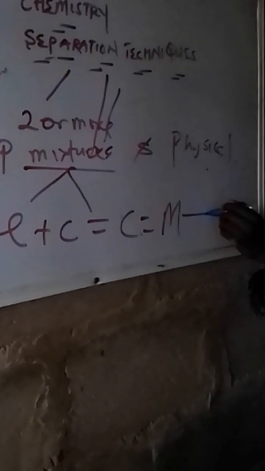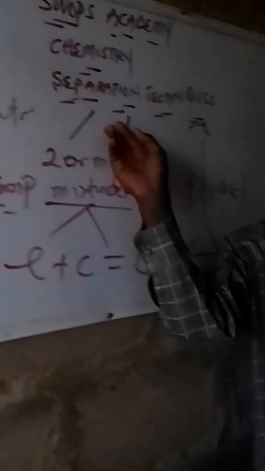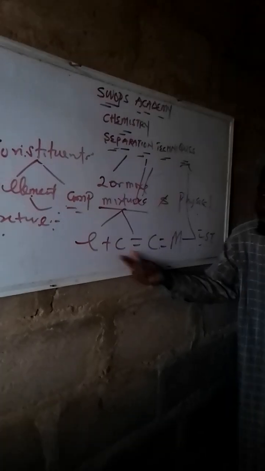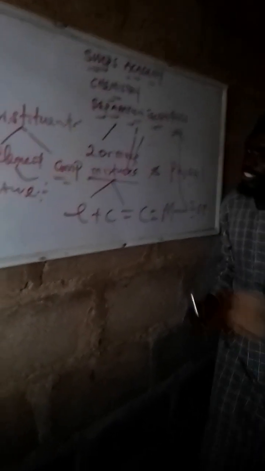And mixture now is what leads to separation techniques, ST. That means for this topic, there must be E, C, C, M, S, T. Are we together? This stands for element, compound, constituent, mixture, separation techniques. Are you with me? So that is that under that.